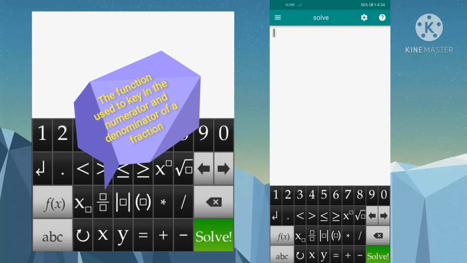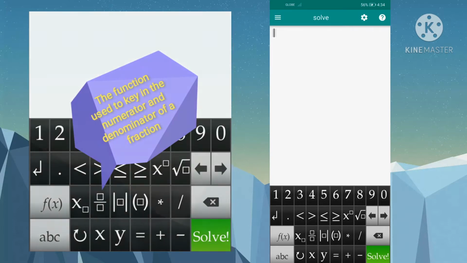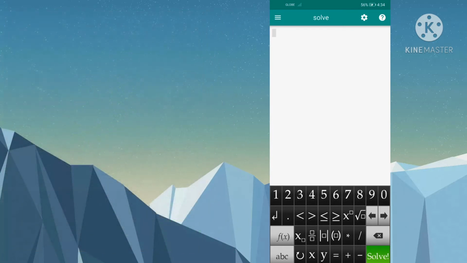So, itong ALGEBRATOR, kapag nagbigay tayo ng mga fractions na unsimplified, sinisimplify po niya. Pero bago yon, iset muna natin si ALGEBRATOR dun sa simplification.